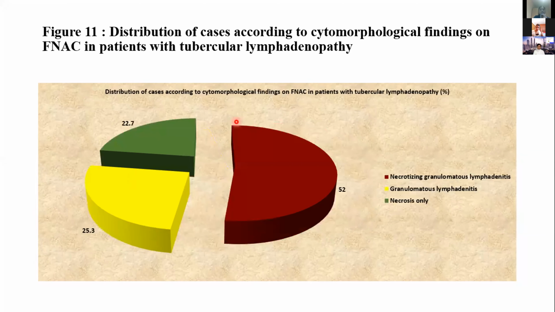Now, according to cytomorphological findings, the different patterns which I told you initially, around half of the patients presented with the most common pattern, that is necrotizing granulomatous lymphadenitis, meaning there was granuloma as well as necrosis. Nearly 1/4 of the patients presented with only granuloma without necrosis, and a little less than this showed only necrosis.